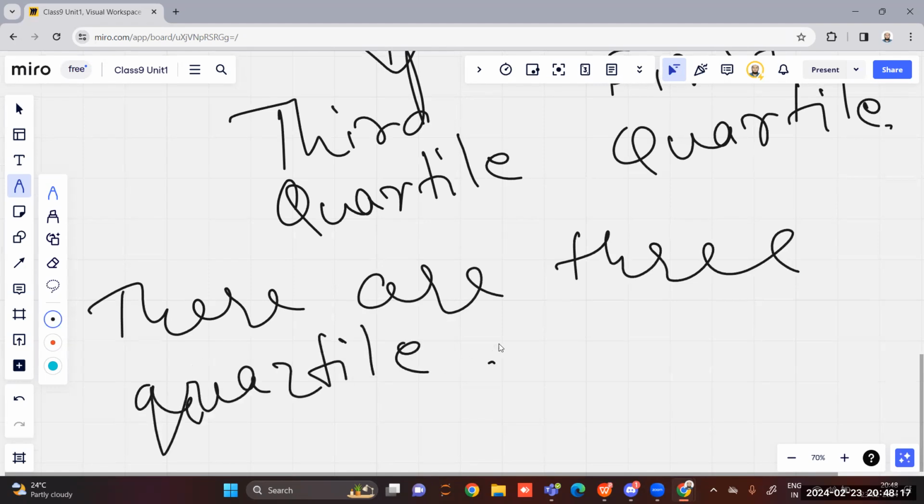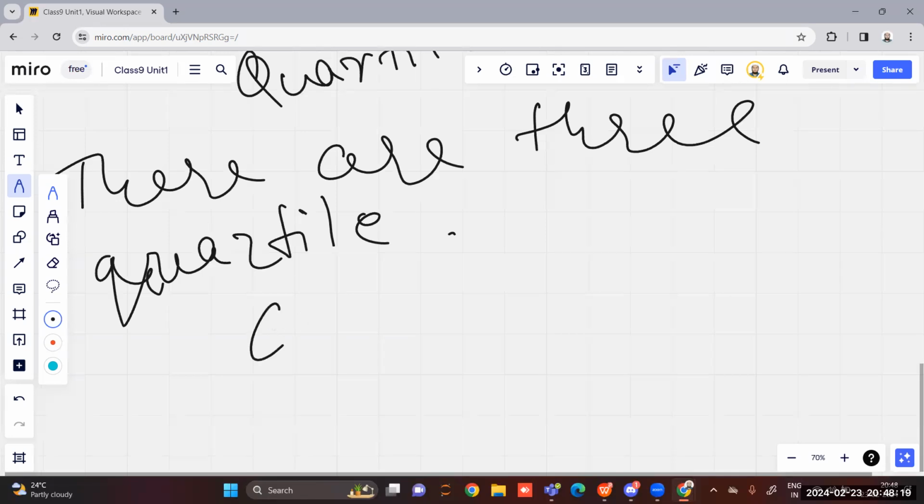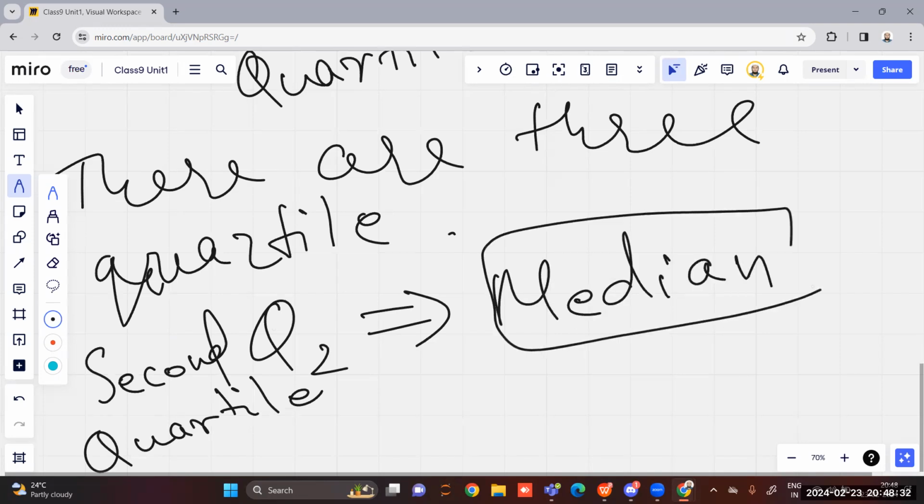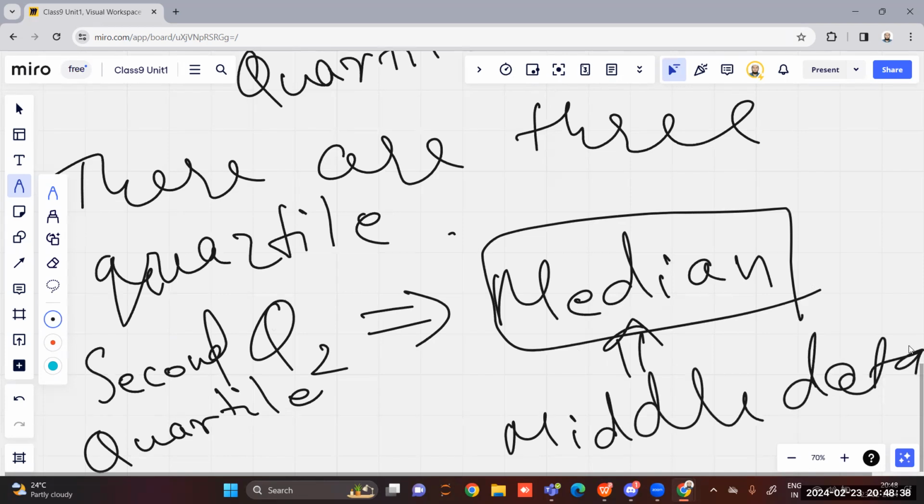The second quartile is called Q2, also known as the median, because it is the middlemost data point.